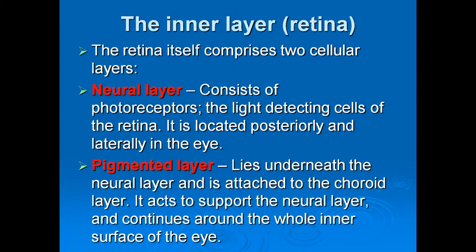It is located posteriorly and laterally in the eye. Pigmented layer lies underneath the neural layer and is attached to the choroid layer. It acts to support the neural layer and continues around the whole inner surface of the eye.